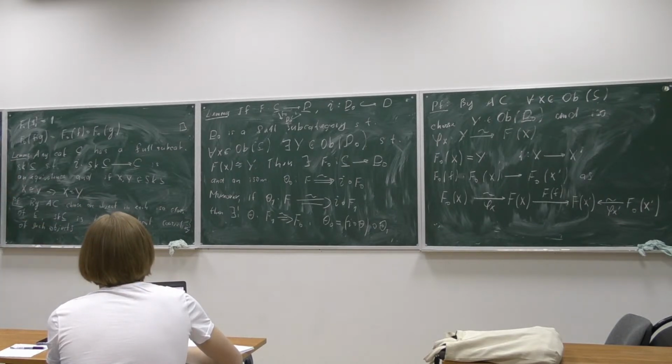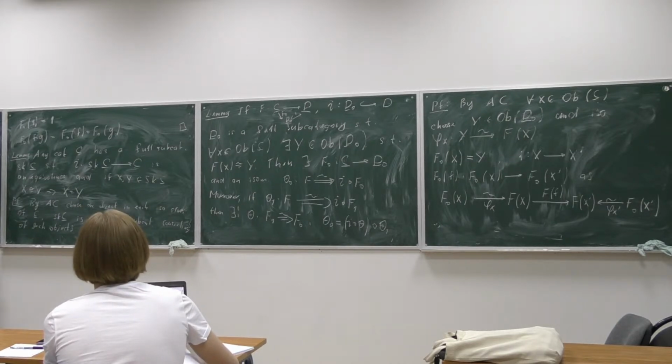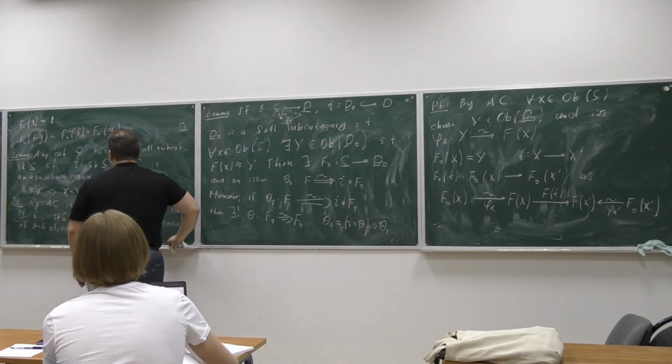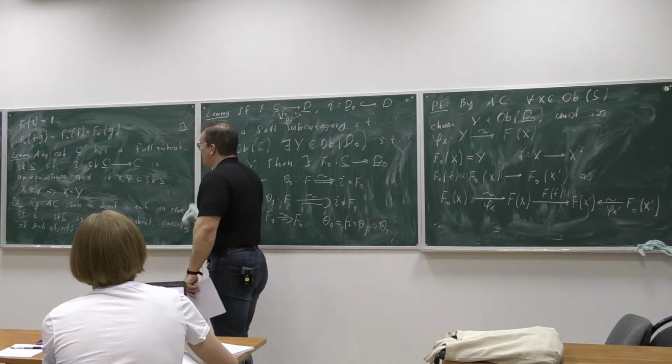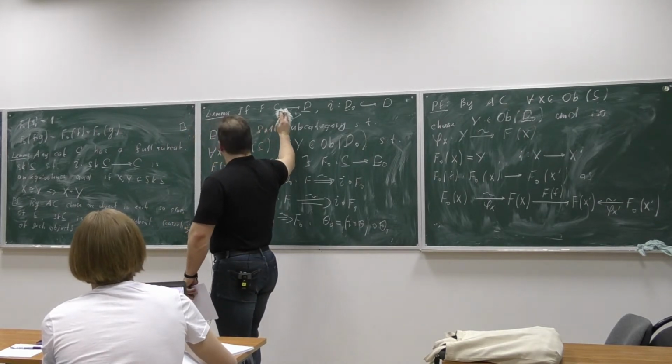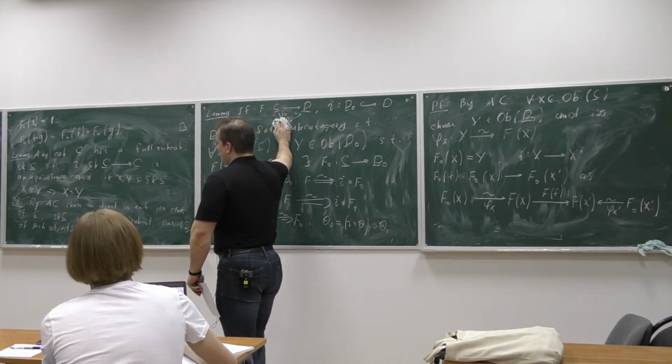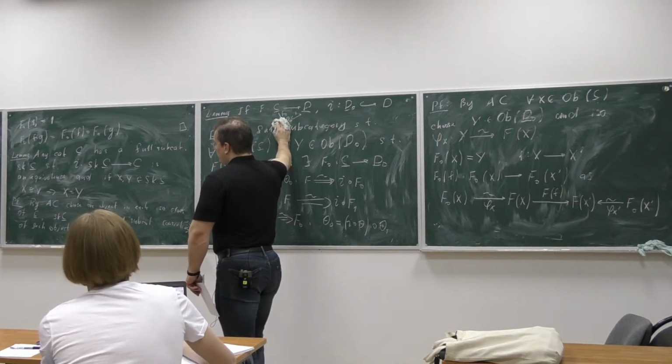Do any kind of set theoretic issues arise here? Because we apply the axiom of choice to something which doesn't seem to be a set. No, there are, of course, set theoretical difficulties. But we just ignore them because it's not the essence of what we're doing. Yeah, that's one answer.